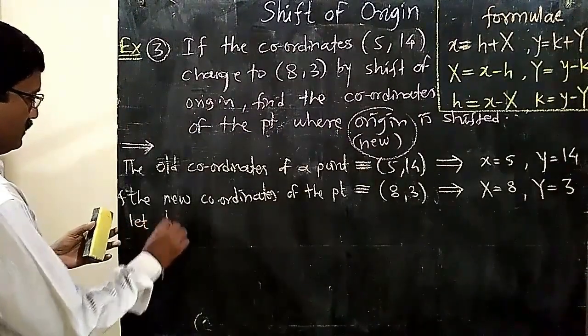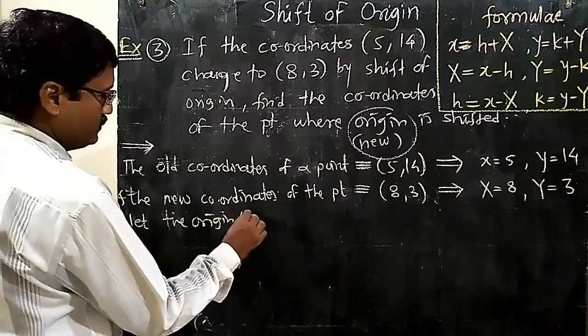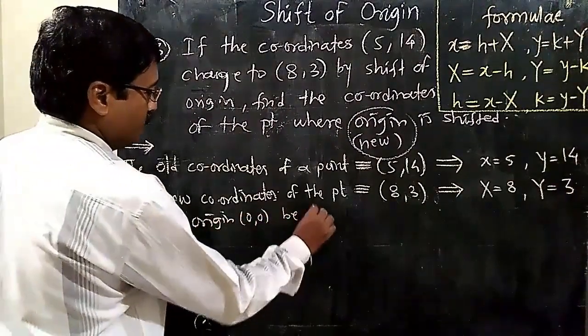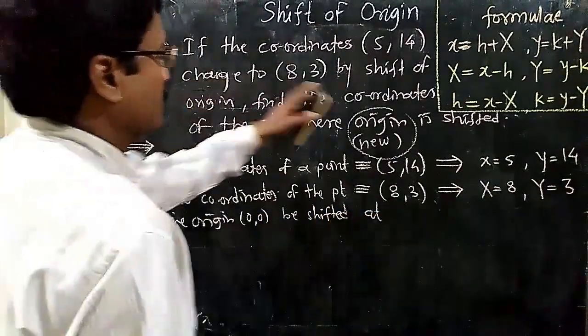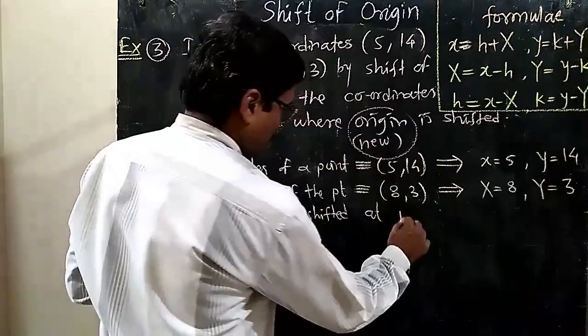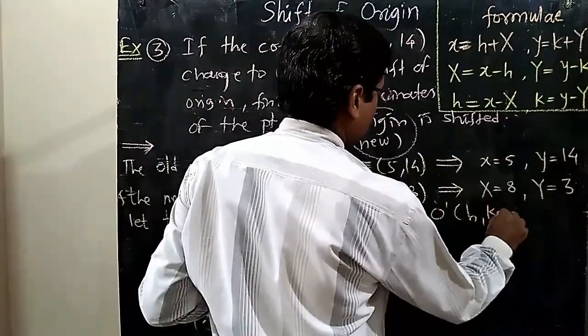Let the origin 0, 0 be shifted to point O dash h, k.